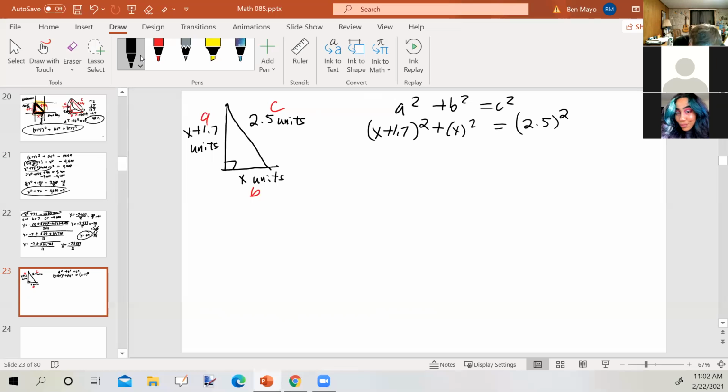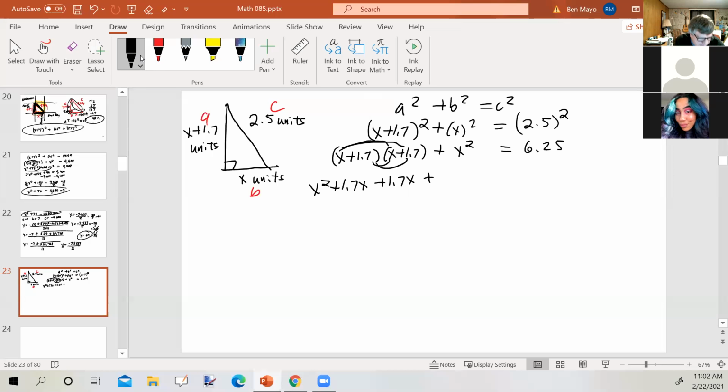Alrighty. This is x plus 1.7 times x plus 1.7 plus x squared, which is x squared. 2.5 squared is 6.25. So foiling, we get x squared plus 1.7x plus 1.7x plus 1.7 times 1.7, which is 2.89, plus x squared equals 6.25.